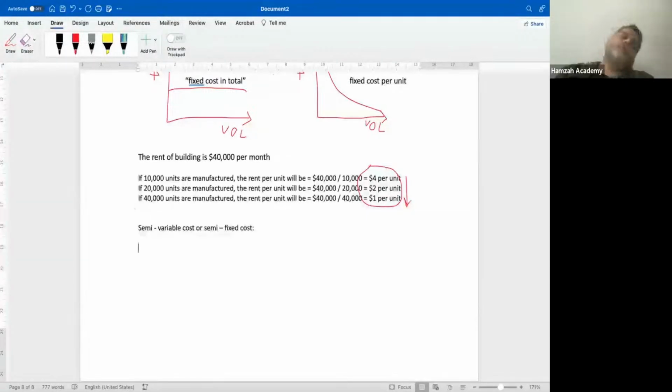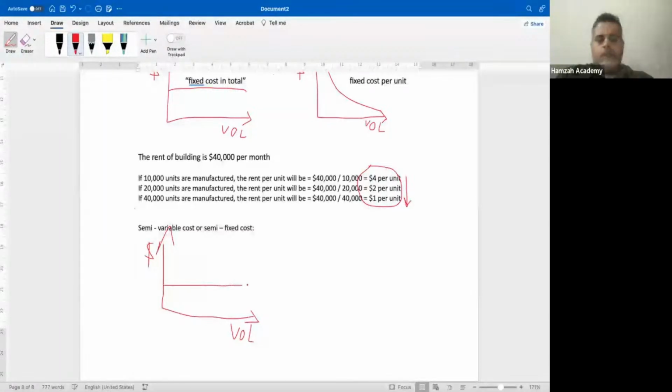Semi-variable, semi-fixed cost is the cost that has the component of both the variable and the fixed cost. Like for example, graphically speaking, it's the volume here, it's the amount here, this is a straight line, the fixed portion, and this is the variable cost, which is increasing with the level of activity.